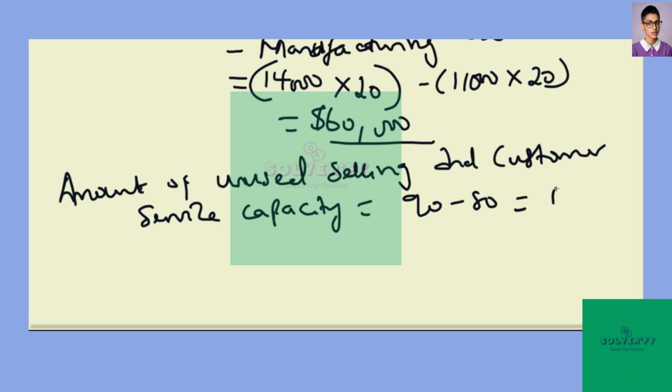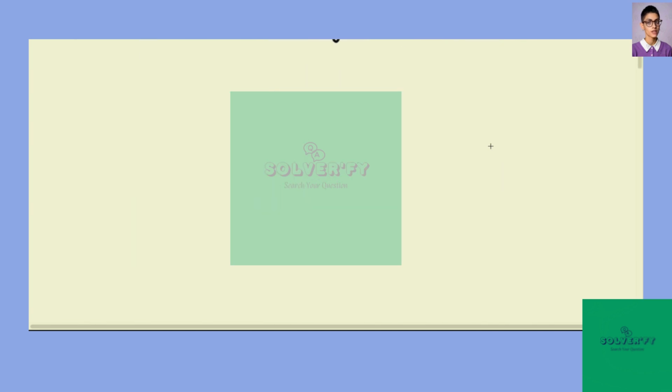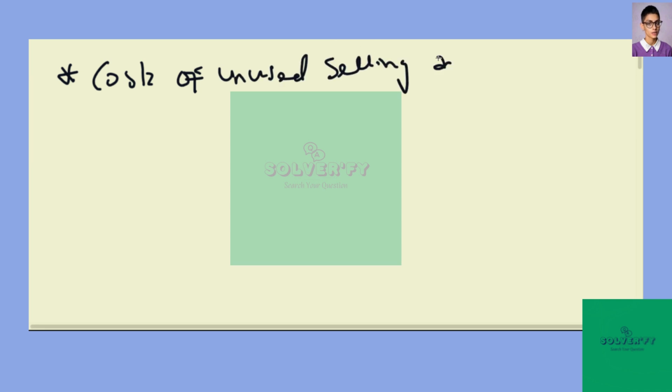So the next one, we're going to calculate the cost of unused. So that is the amount. Now we're calculating the cost of unused selling and customer service capacity.